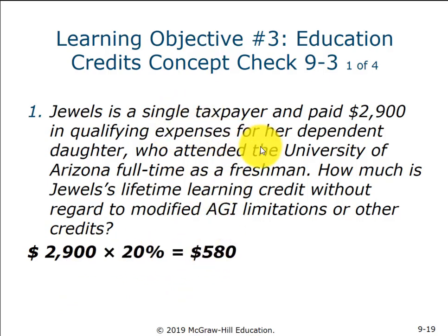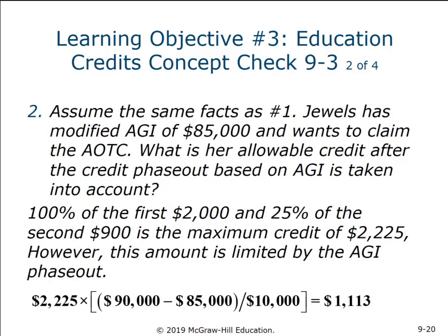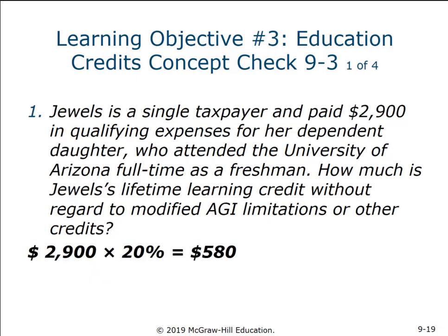If this was the AOTC, if she did actually qualify, then you'd have 100% of the first 2,000, and then 25% of the next 900. So it'd be a lot bigger credit than the lifetime learning credit.